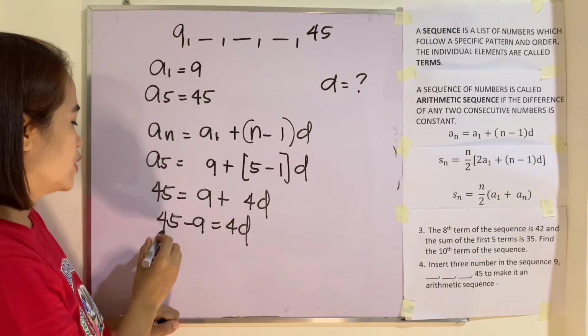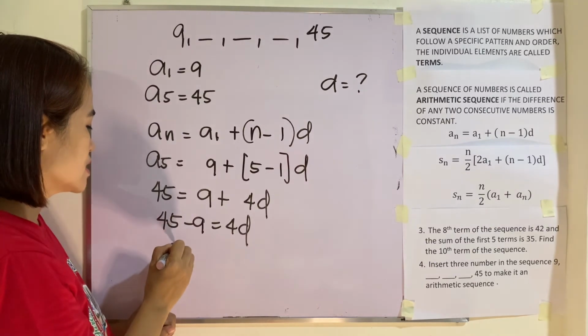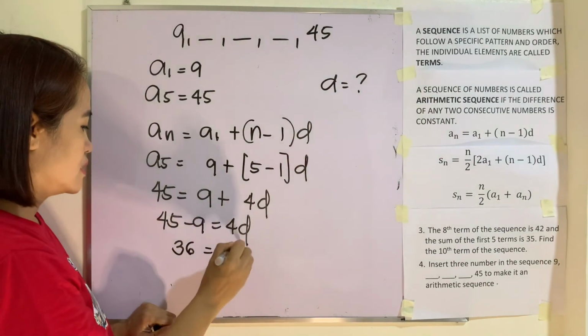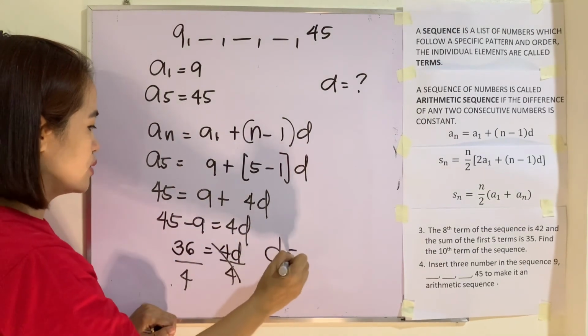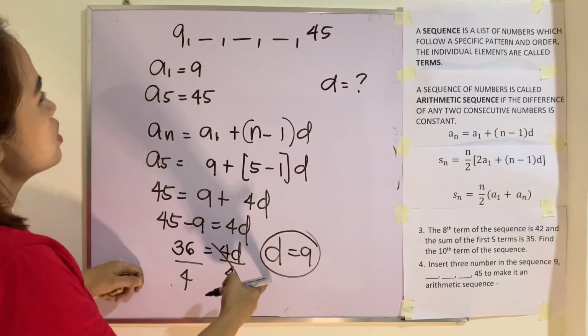So what is 45 minus 9? 45 minus 9 is 36. Okay, divided by 4, divided by 4. And our d is equal to, of course, 9. So our d now is 9.